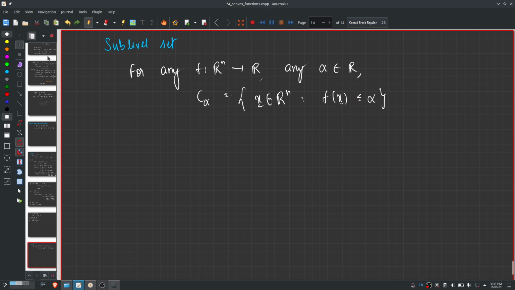Okay, so suppose I have the following function. Let's assume that I have a convex function defined on R. What would the sublevel set look like? Any sublevel set. Take any alpha.